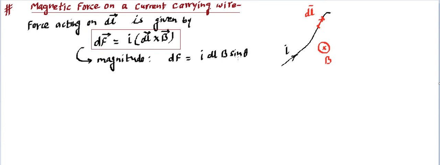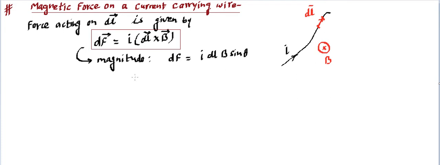Now sin theta is going to use the theta, which is angle between dl vector and B vector. So theta is going to be angle between magnetic field and dl. The way I have shown the magnetic field in this particular figure, if for this particular figure you can measure the angle, dl is in the plane of the screen, B is perpendicular, so there's going to be 90-degree angle.